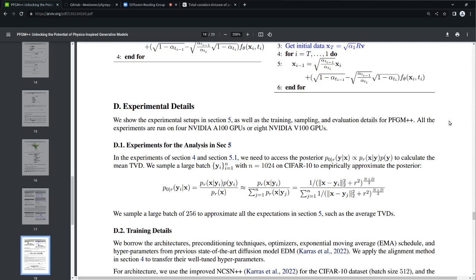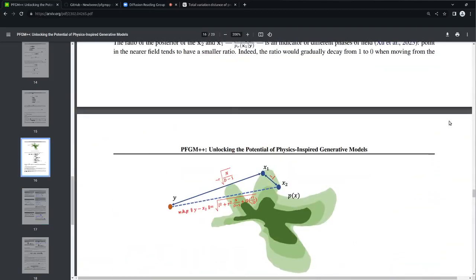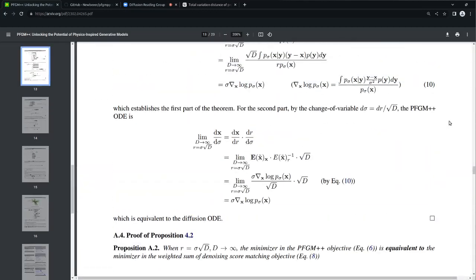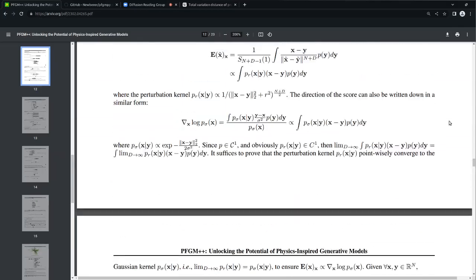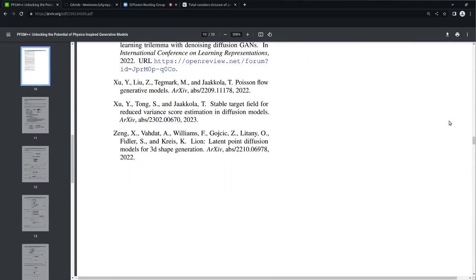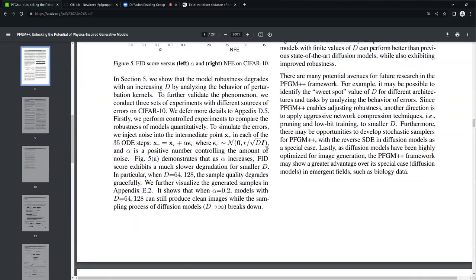Are they doing FFHQ at 64 by 64? What is their resolution for FFHQ? I think they mentioned they took FFHQ at a higher resolution, but I'm less familiar with that part. I think FFHQ is a good data set, a little bit more complicated.